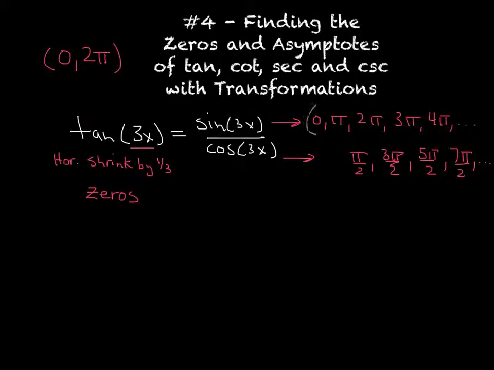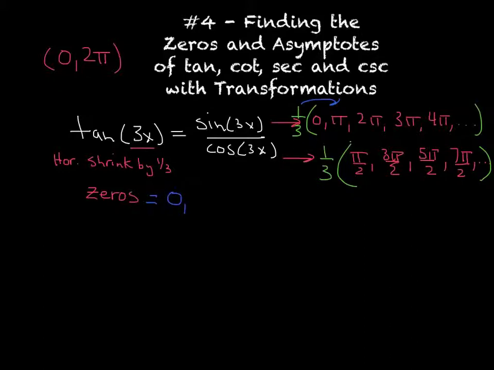We want to multiply those lists by 1/3. So let's see what we get. Our real zeros of the tangent of 3x are now going to be 1/3 times 0, which is 0.